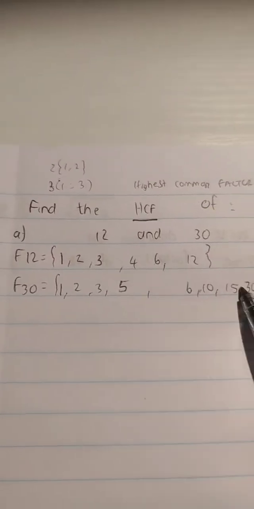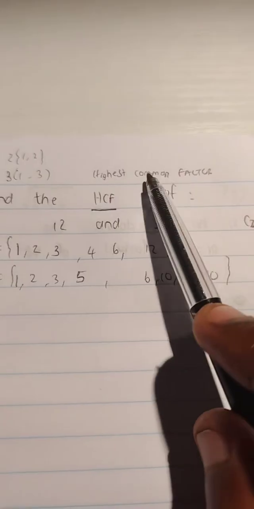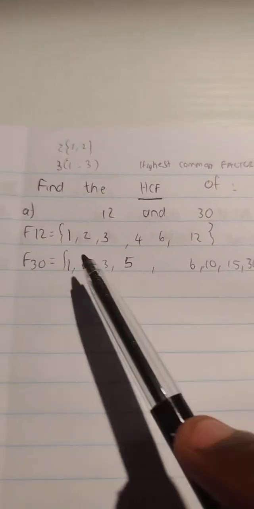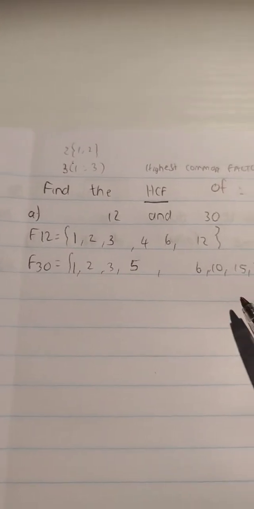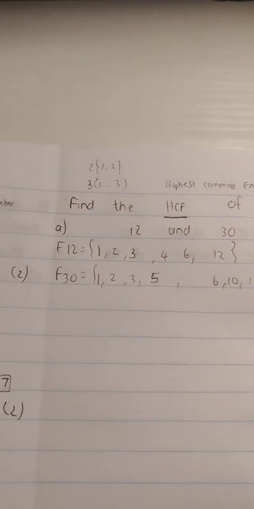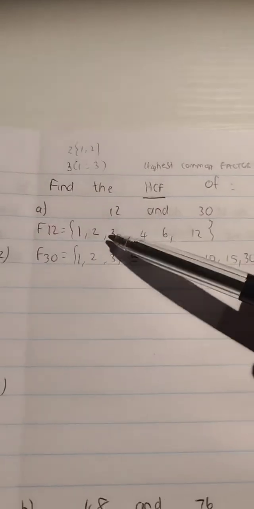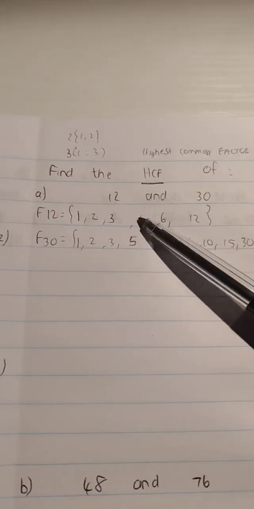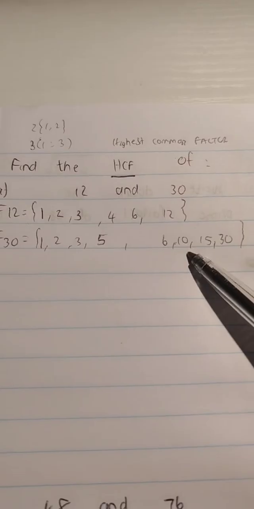Then what does the word highest common factor mean? It means from these factors, I'm going to identify the one that is common, meaning the same, but it has to be the highest number that is common. 1 and 1 are common, but that is not the highest. 2 and 2 are common, but that's not the highest. 3 and 3 are common, but not the highest. 5 is not common. 4 is not common. 6 is common.